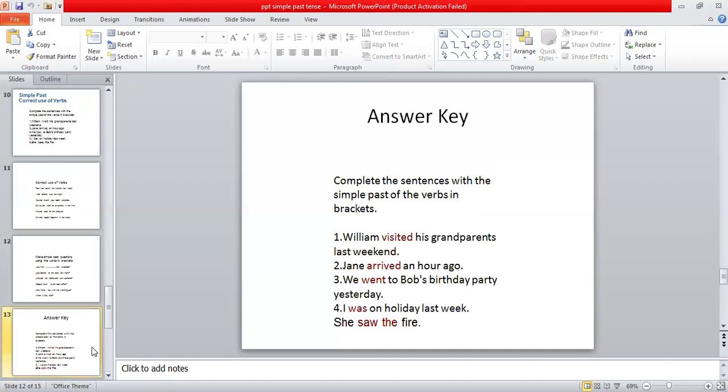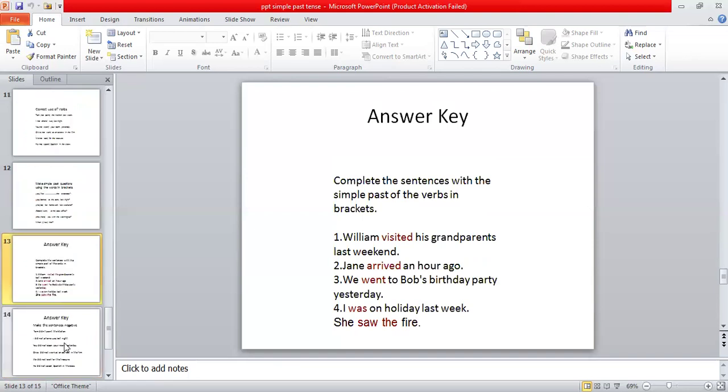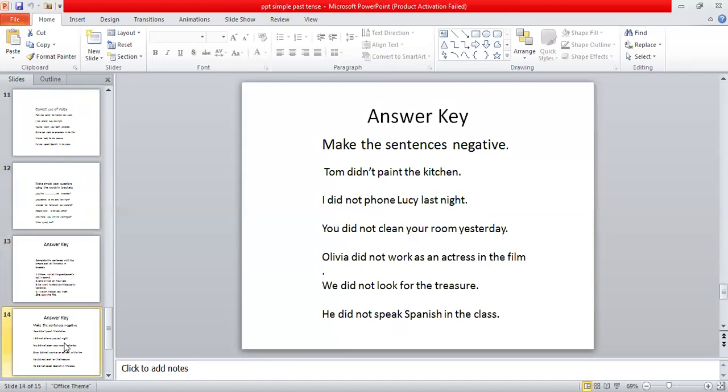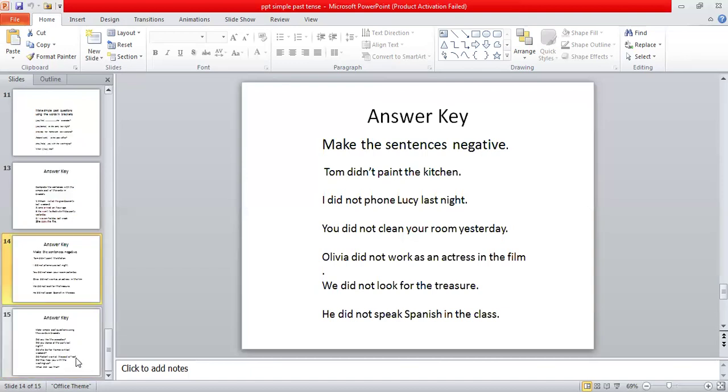Yes, here we come to the answer key. This is the answer key to the first exercise. You can easily see that in all these sentences we have used the past form because they were all positive sentences. These are all the negative sentences with past indefinite tense, and we have used did not with the first form of the verb.